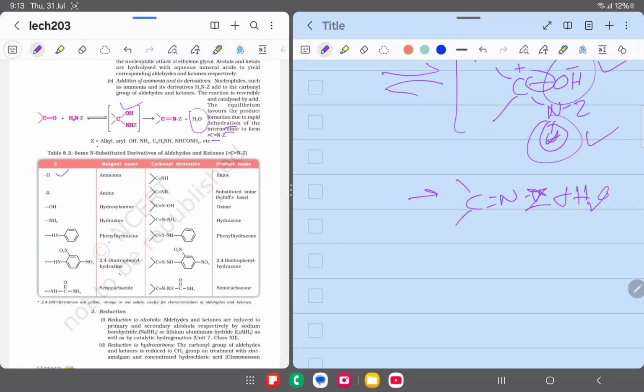Then NR is a substituted amine, that is a Schiff's base. Then hydroxylamine, so it forms the oxime. When Z is OH, it forms the oxime.